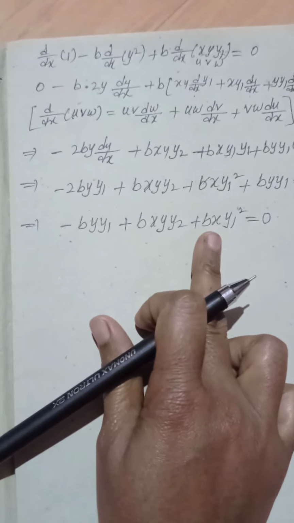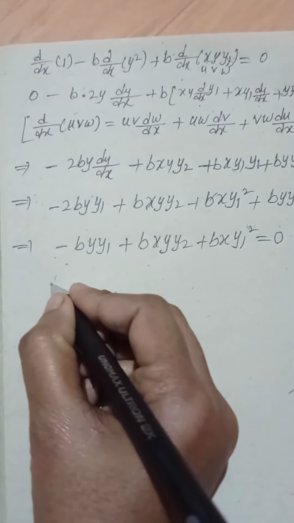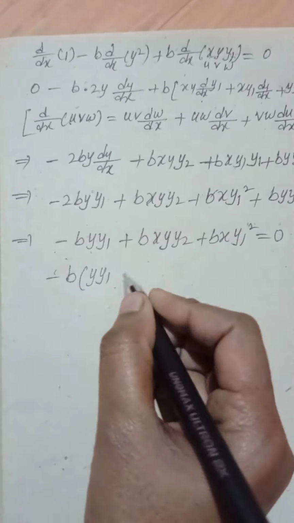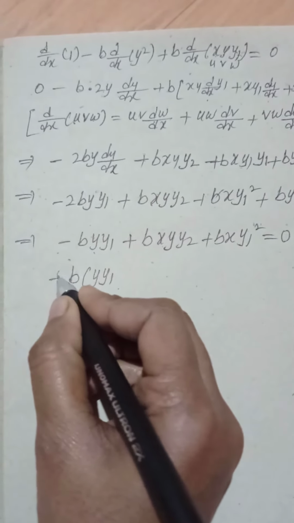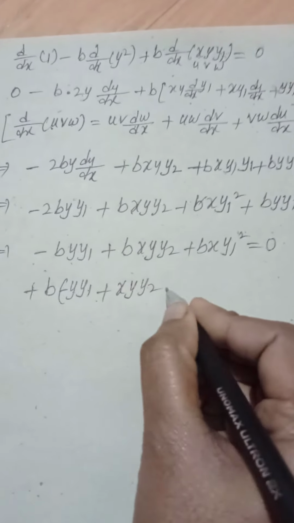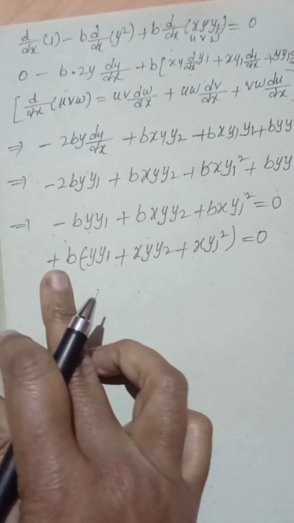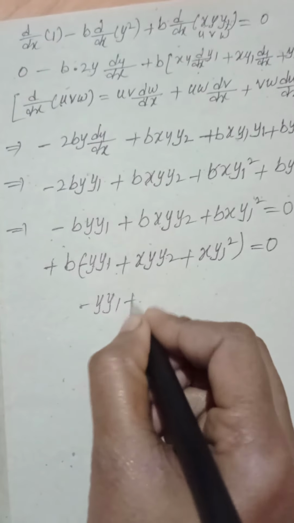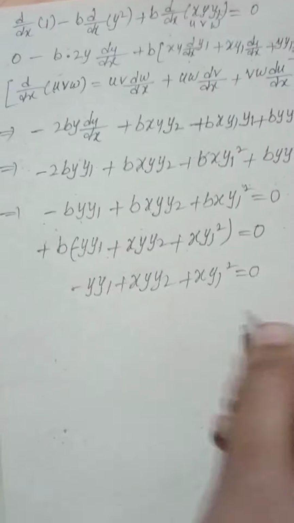From this equation b is constant. So in this equation b is constant, so take b common: minus y1 plus x y2 plus x y1 square equal to 0. Take b value to the right hand side of the equation, we get minus y1 plus x y2 plus x y1 square equal to 0.